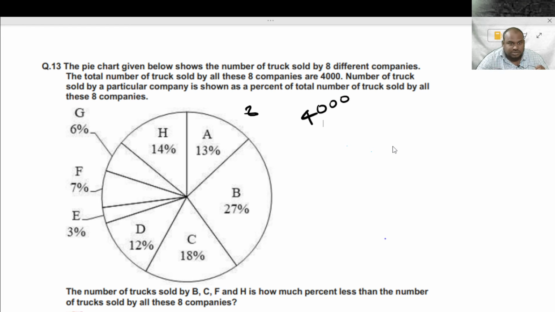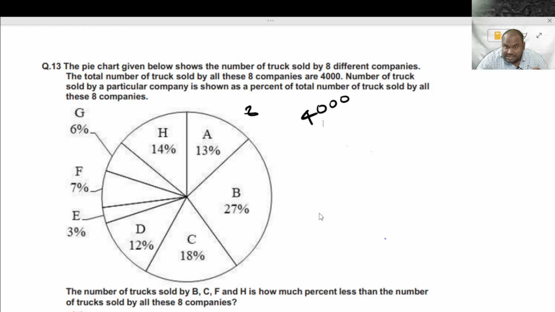Now coming to the question: the number of trucks sold by B, C, F, and H is how much percent less than the number of trucks sold by all these 8 companies? All 8 companies will obviously be 100% because it's a circle. If you add B, C, F and H, you will get some number.